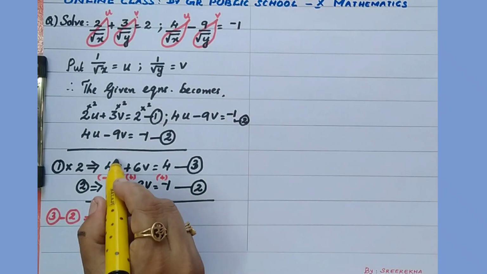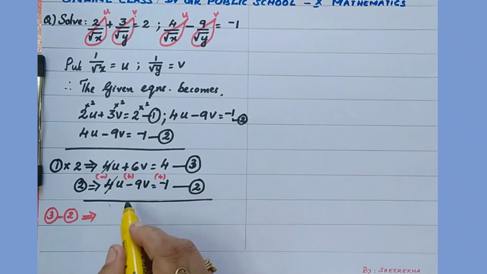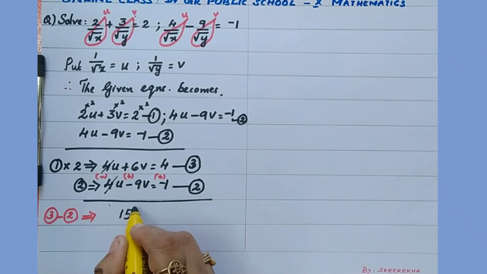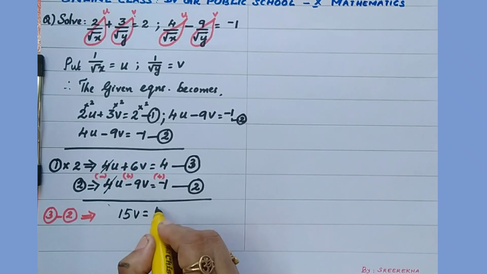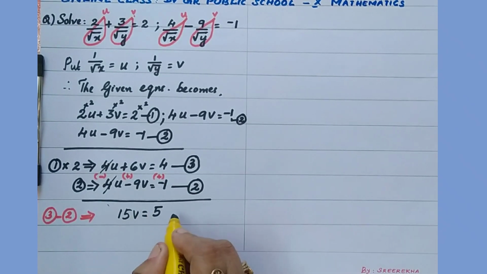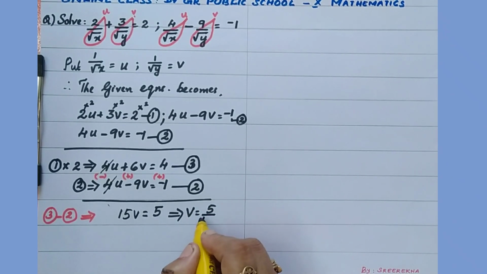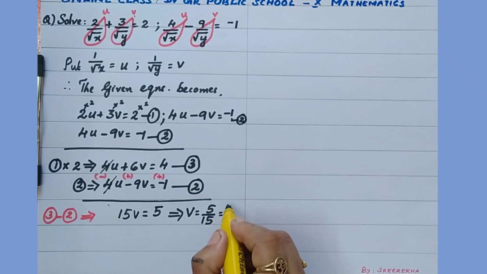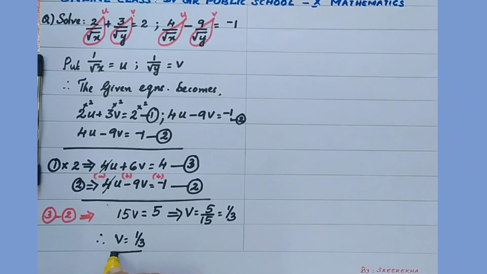So 4u minus 4u gets cancelled. The remaining is plus 6 plus 9, plus 15v, and your right side is 4 plus 1, which is 5. 15v equal to 5 implies v equals 5 by 15, which on cancelling you get 1 by 3. Therefore the value of v equals 1 by 3.